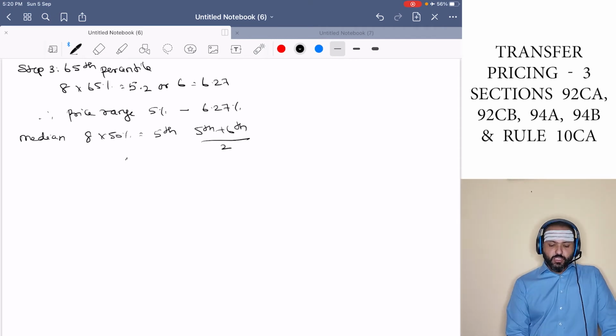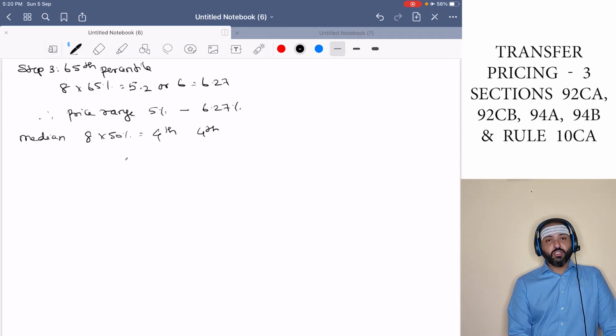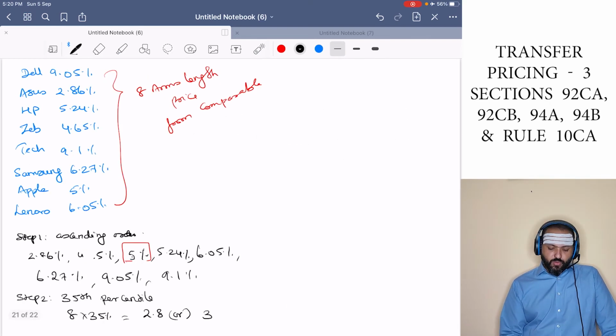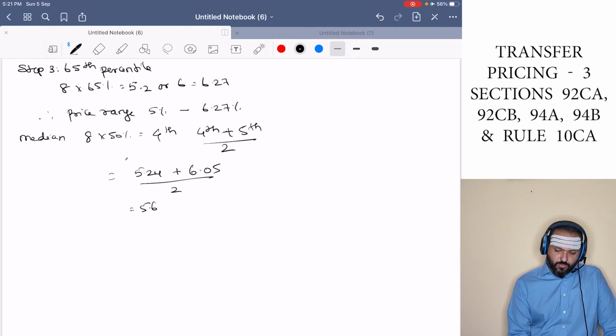So 50% of that is going to be the fourth number. So can I take the fourth number? No, because it is a whole number. I will have to take the fourth price and the fifth price, the average of these two. What is the fourth price? Fourth price is 5.24 and fifth price is 6.05 divided by 2, which will be 5.645.